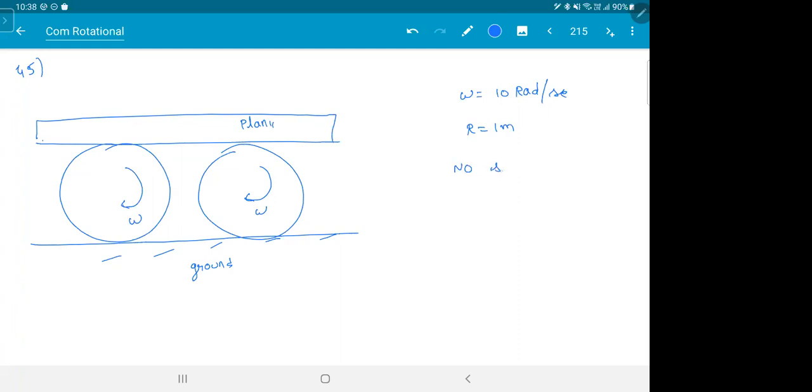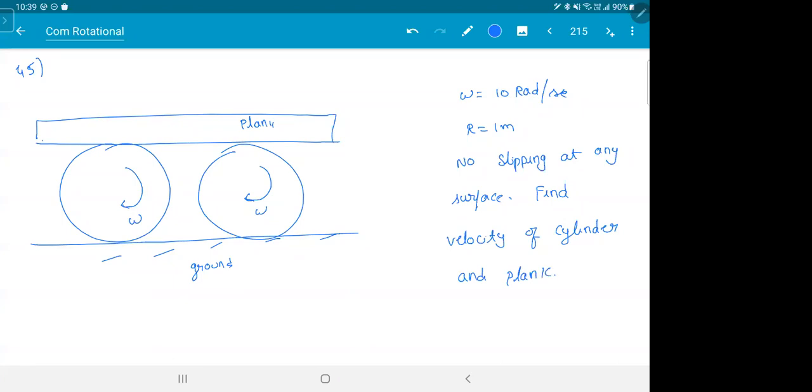There is no slipping at any surface, meaning there is no slipping here, there is no slipping here. Find velocity of the cylinder and the plank. Whenever someone says velocity of cylinder, they are asking about the center. Only omega is given.